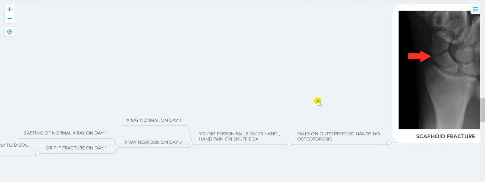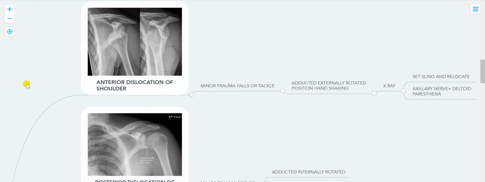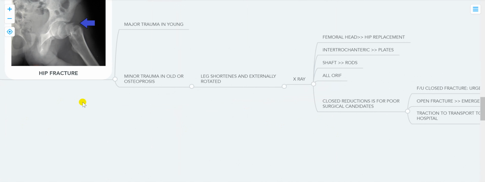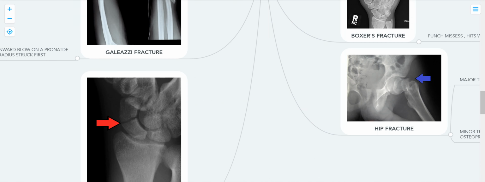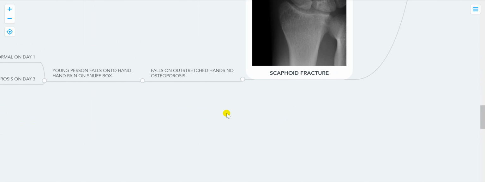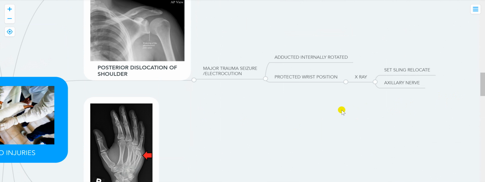Even a scaphoid that's normal on day 1, we do casting. The only time we do open reduction internal fixation is in the hip fracture and scaphoid fracture if there's a fracture on day 1. And the shoulder dislocation, we basically just sling and relocate.